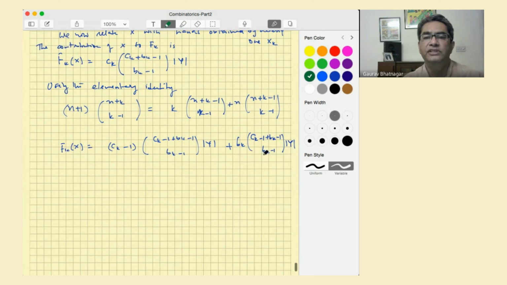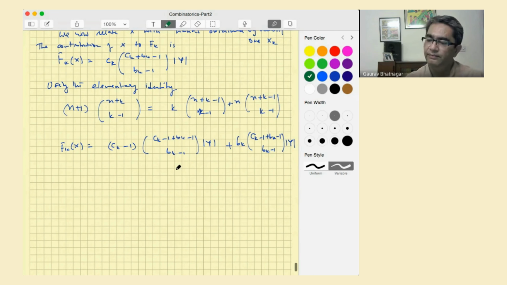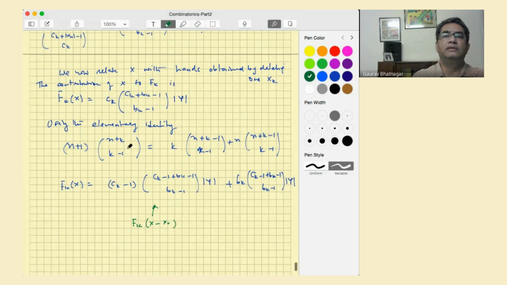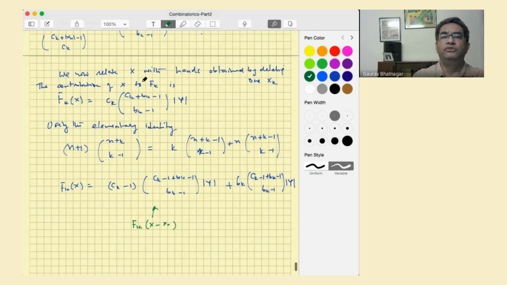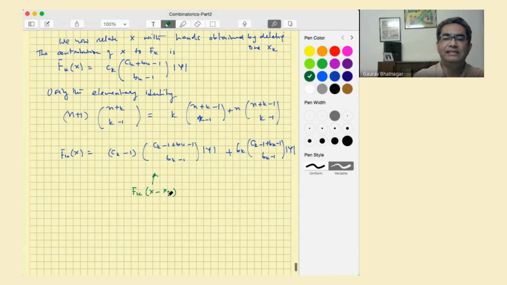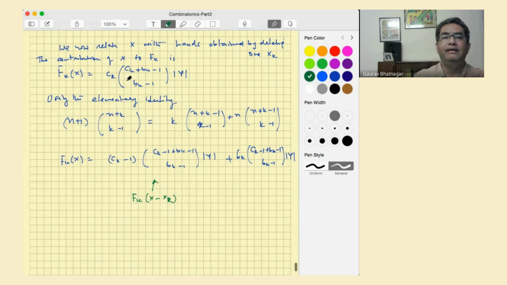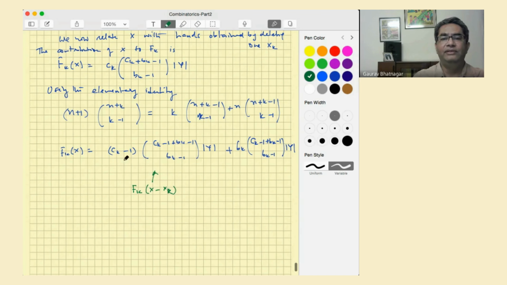Now I look at both of these. What are these terms? This one right here, this whole thing, is essentially f_k of X minus x_k, because the contribution of X to f_k is this. Just compare with this formula. If I have one less x_k, then I will get exactly this.